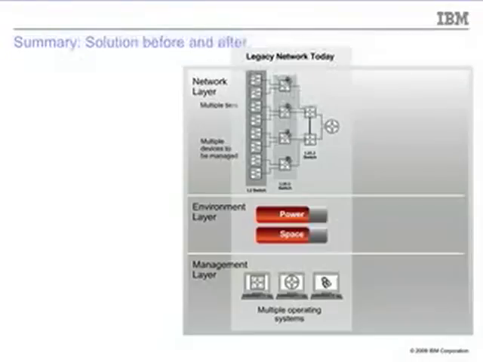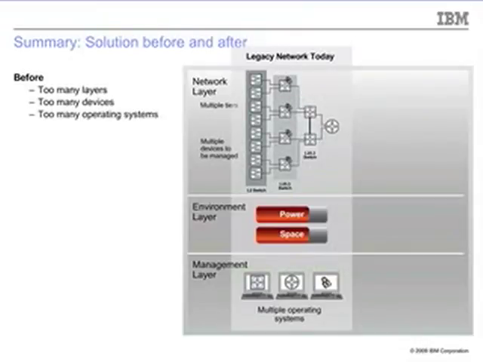Okay. So let me summarize what we learned today. Before, when we used the architectures from the legacy providers, the result was way too many layers, which resulted in way too many devices, too many operating systems, because each of those tiers had specialized devices with their own operating systems, which led directly into multiple management applications.